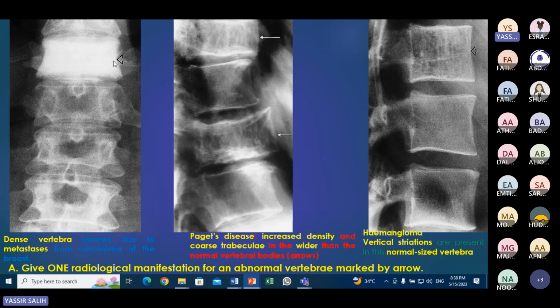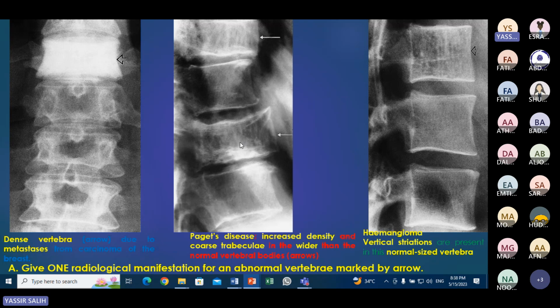Okay, how to describe this abnormality? This vertebral body, according to the appearance, what abnormality is it? Increased density. Yes, increased density. There is increased density, and also there is increased density in this one, compared to the other.